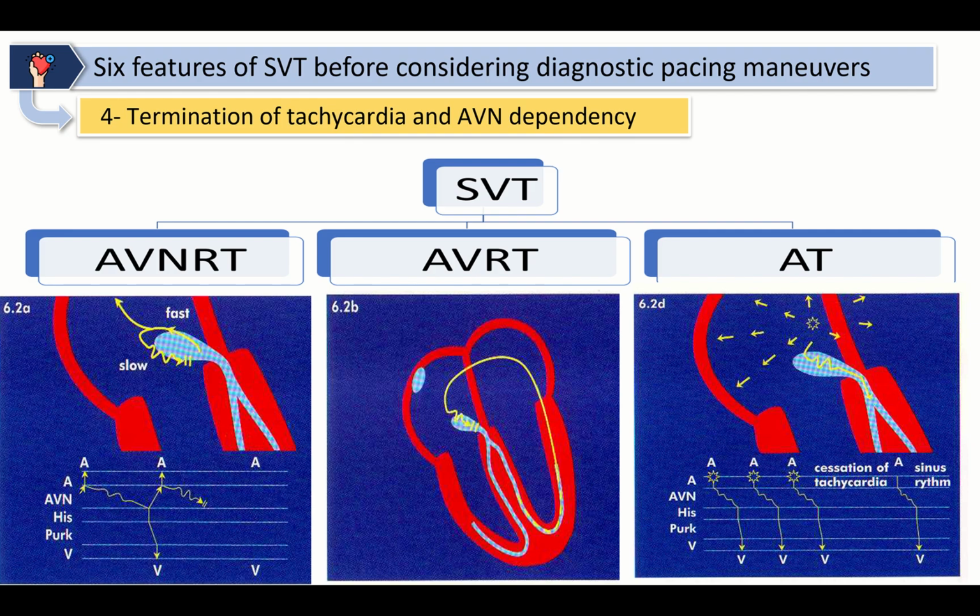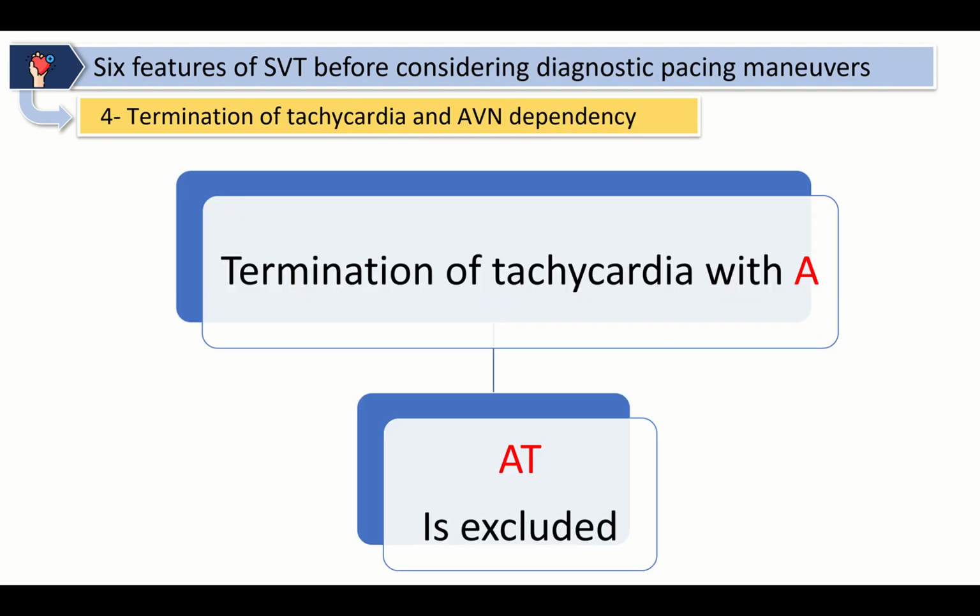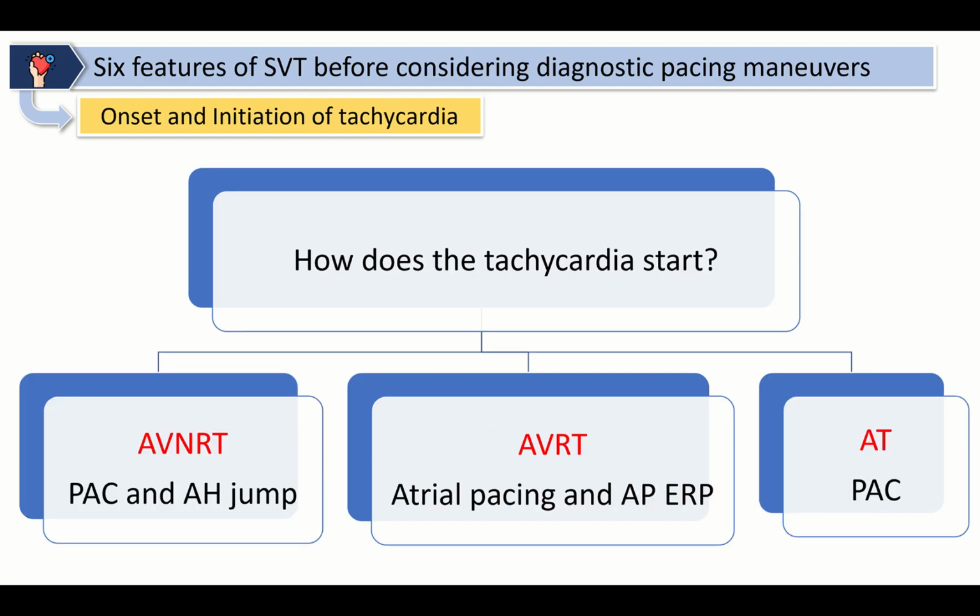That's why termination of atrial tachycardia with A is impossible, usually V. This is an example of accessory pathway tachycardia, termination with A. It makes sense, and it's impossible to be atrial tachycardia. Golden rule: termination of tachycardia with A excludes atrial tachycardia 100%, because it is not dependent on the AV node.